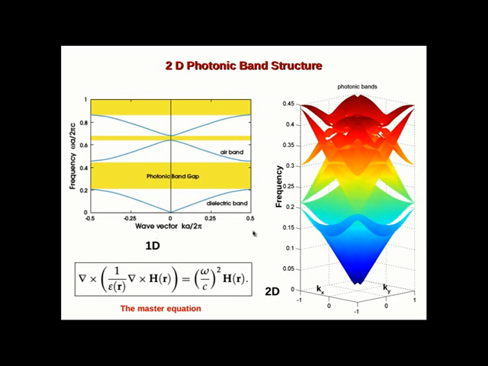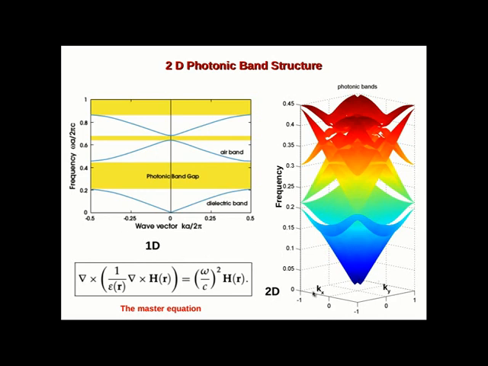The x-axis here represents the values of k in the one-dimensional Brillouin zone of a one-dimensional photonic crystal. If the same type of structure is to be obtained for a 2D photonic crystal, the Brillouin zone is going to be 2D.